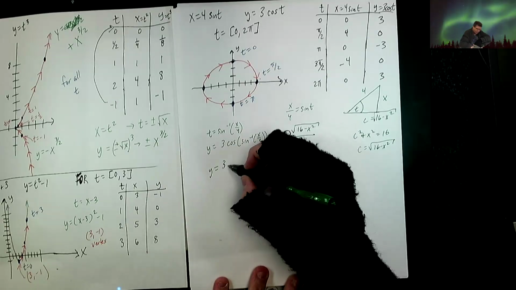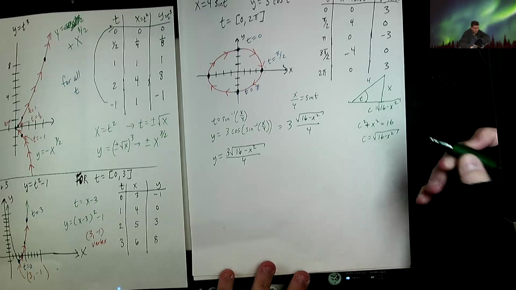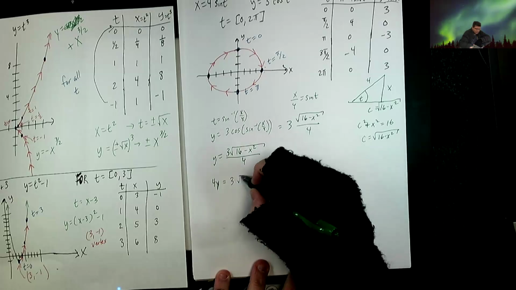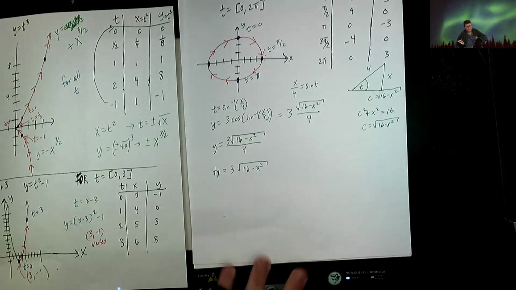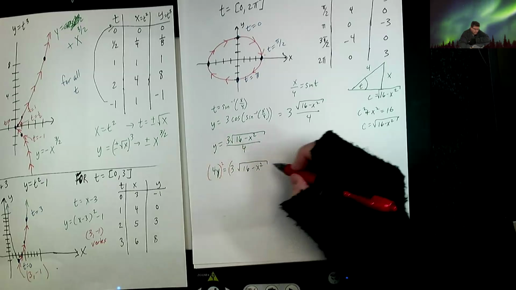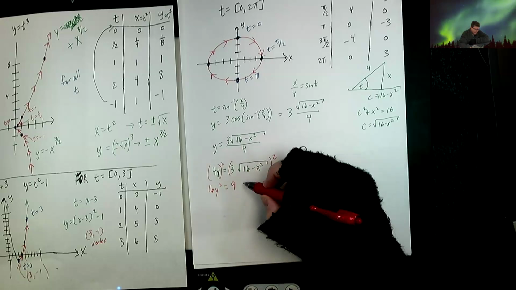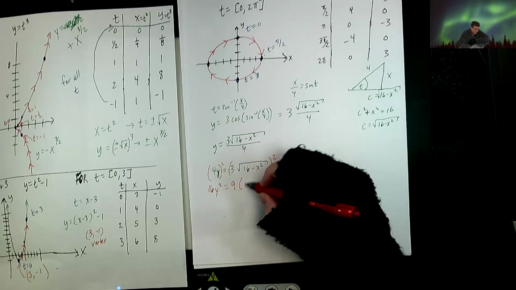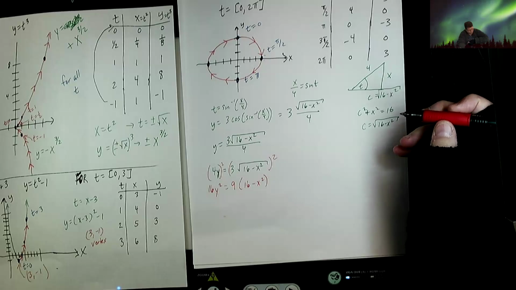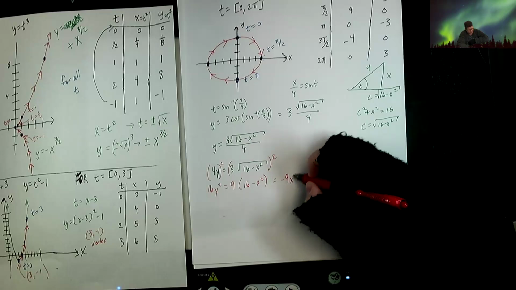So let me make this look a little bit prettier. And we'll make it look like an ellipse. First off, I'll clear fractions. Then we square both sides. 16y squared equals 9 times 16 minus x squared. Which is negative 9x squared.